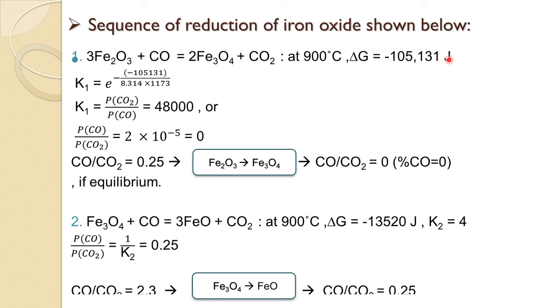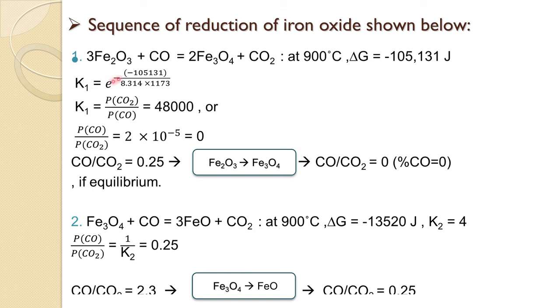So, you are already aware about this delta G, we can put it minus RT log K, and K is the equilibrium constant for this reaction, and this sort of calculation we have done before.